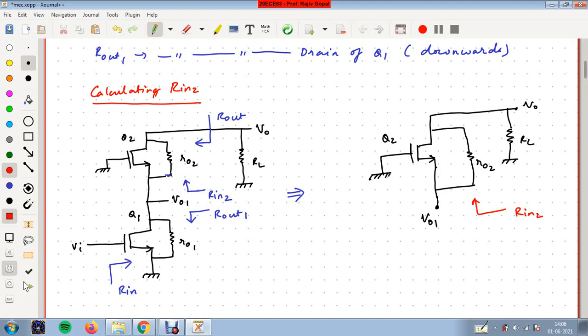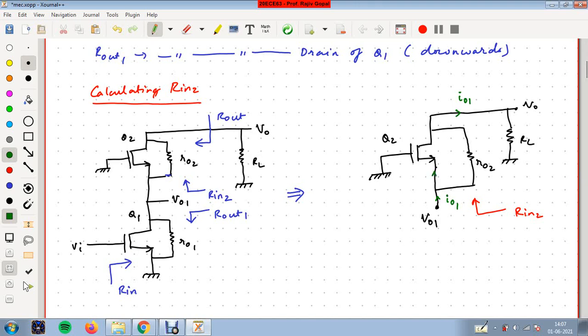Here, if I start considering the currents, say the current I'm assuming here is I01. This same I01 should flow here also, correct? But since you have ro2 here, the current gets split two ways.